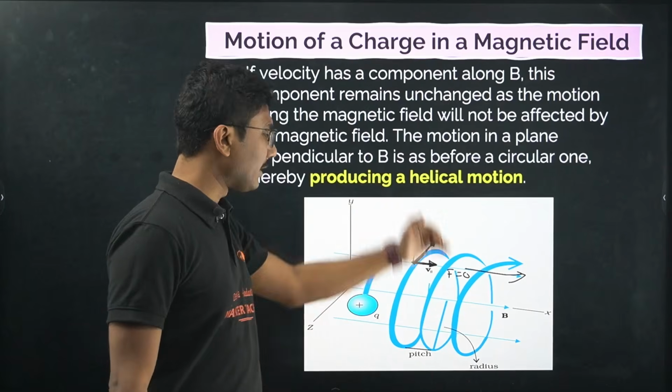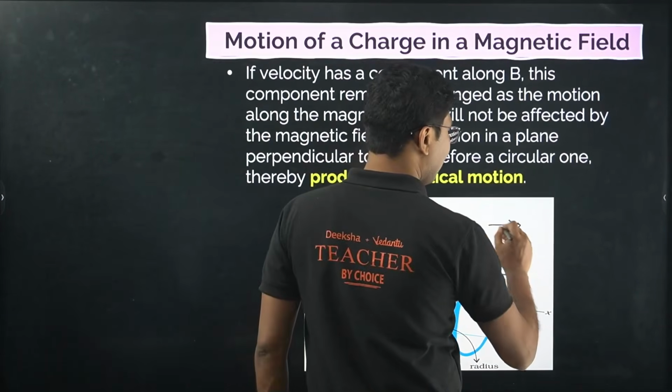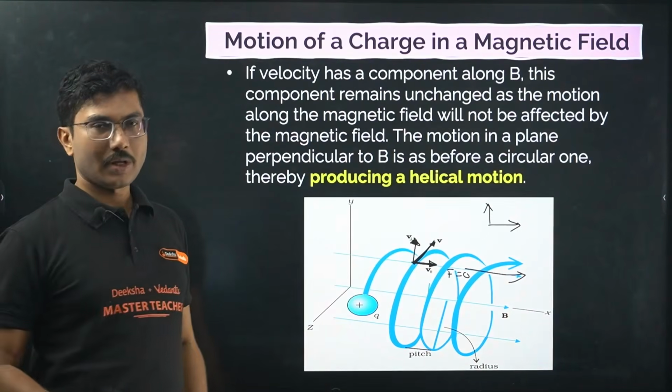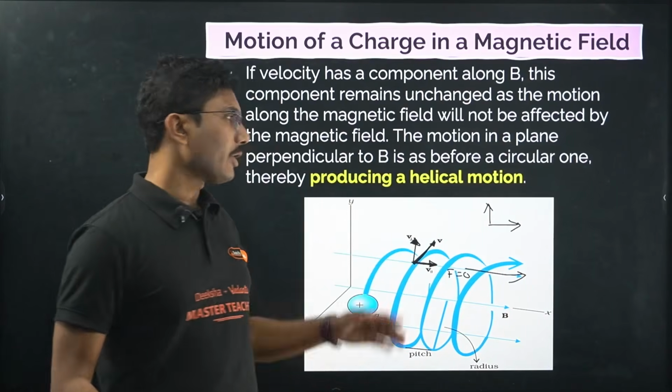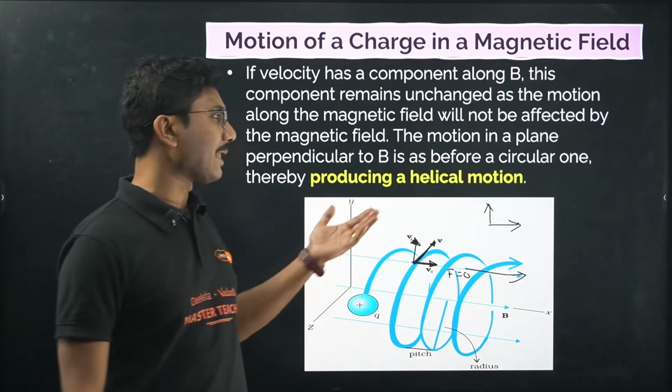So this one will try to take it in a circular motion, perpendicular. Normally if magnetic field and velocity are perpendicular, you see only circular motion. If they are parallel, you see only linear motion. Okay, so linear motion means velocity will not be affected by the magnetic field.